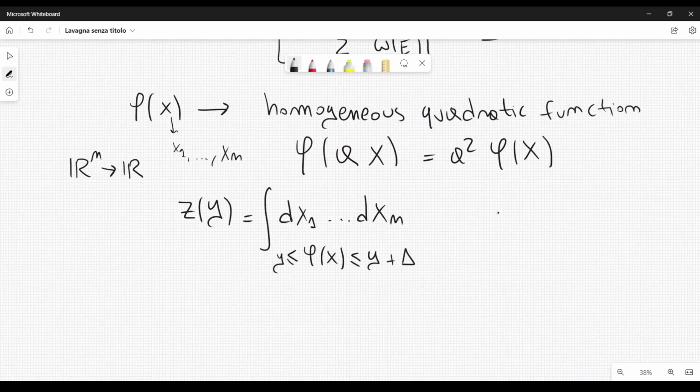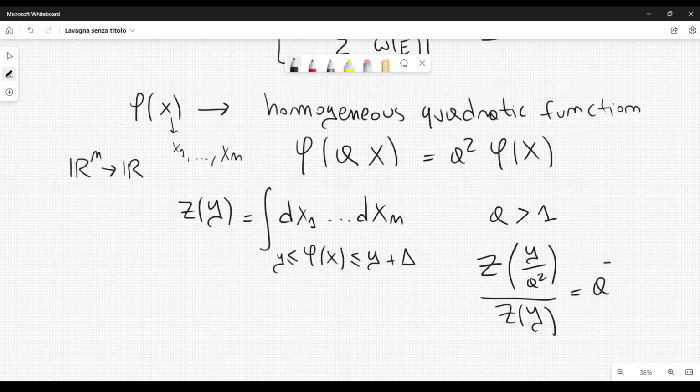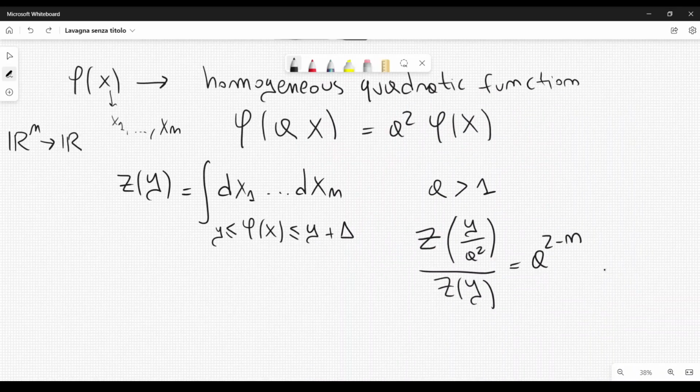We will show that if we define a parameter a greater than 1, a real number greater than 1, then we can prove that the ratio between z of y over a squared and z of y is equal to a to the 2 minus n, and if we choose n greater than 2, this is less than 1.